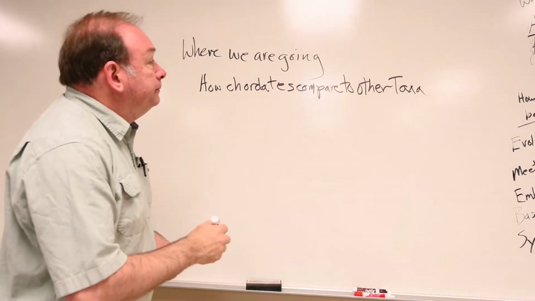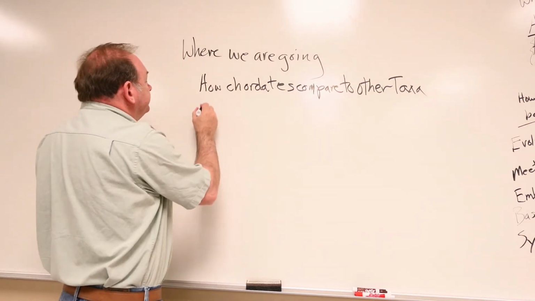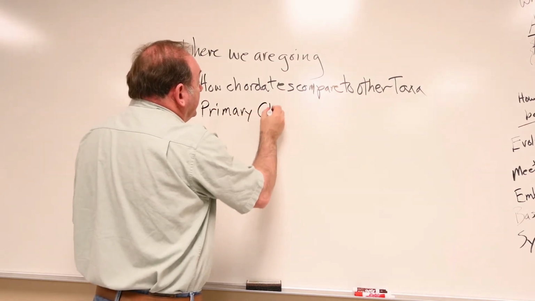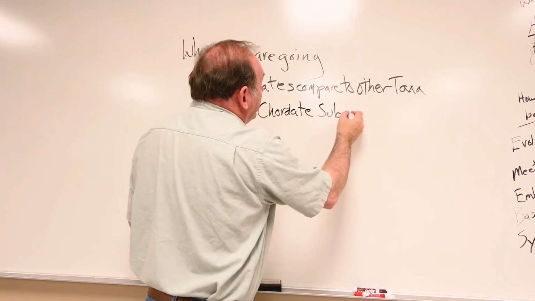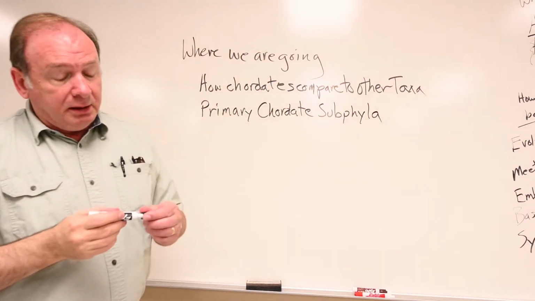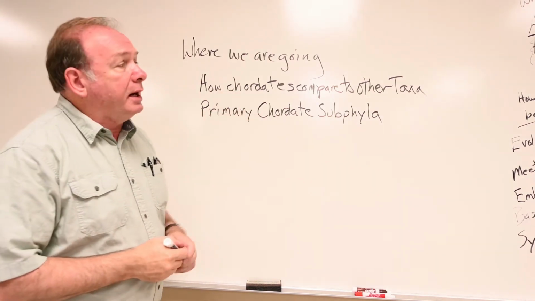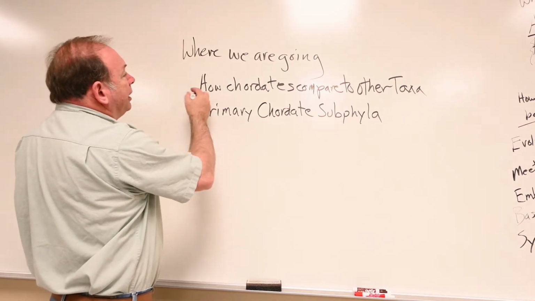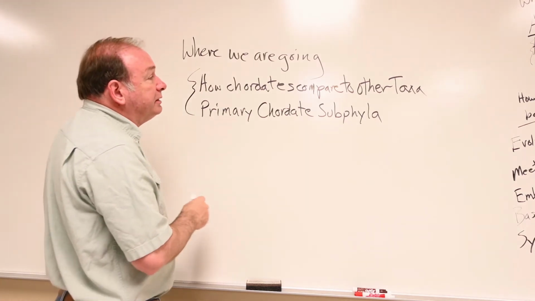So next thing, we'll identify the primary chordate subphyla. There are 3 chordate subphyla, and we'll talk about each of those. We'll make an outline of the entire group. So this is all about chordates, just talking about chordates in general, those 2 topics.